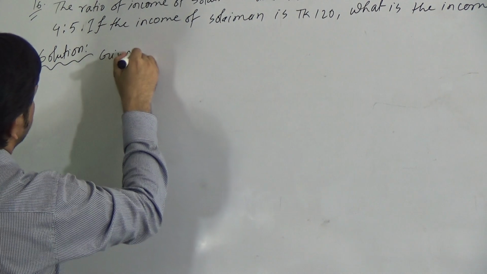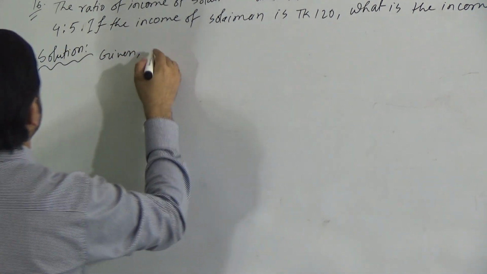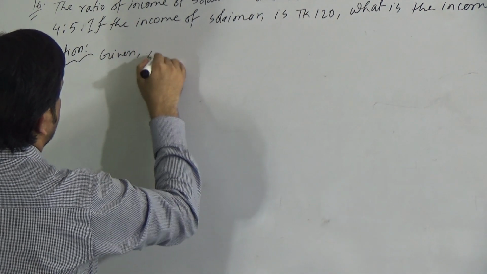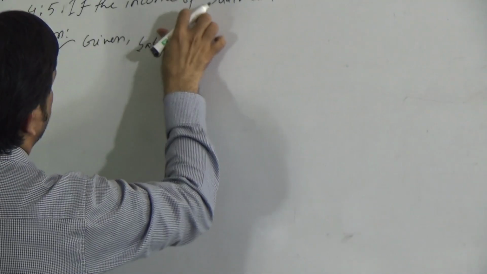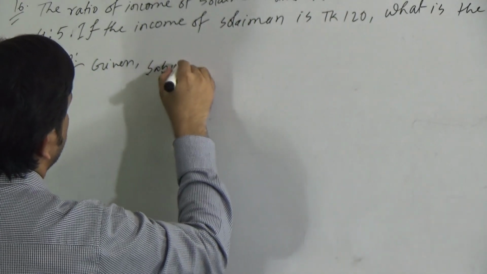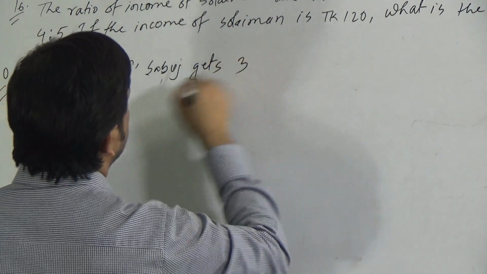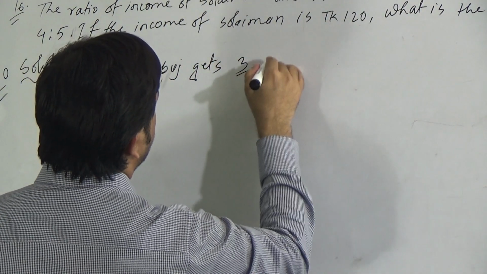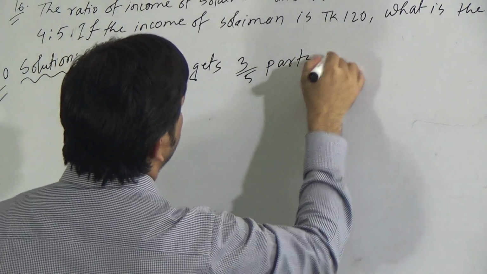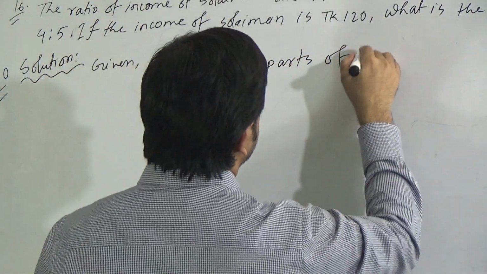So we can write here, given: Shobuj gets 3 by 5 parts of Dalim.